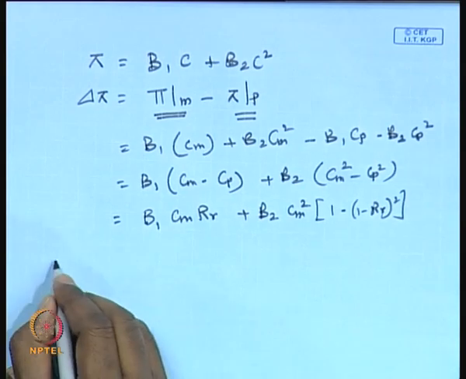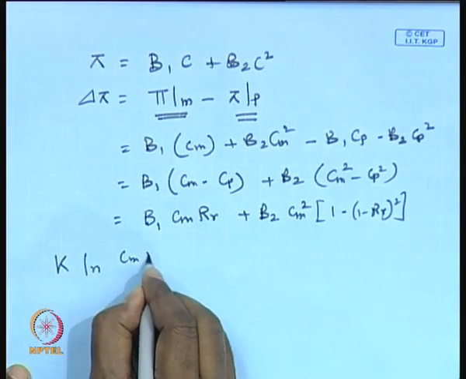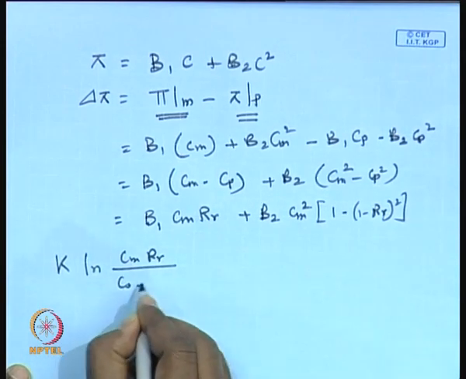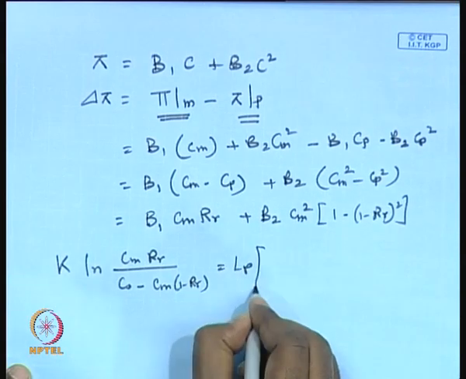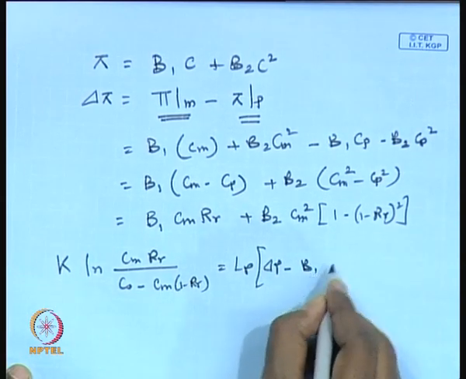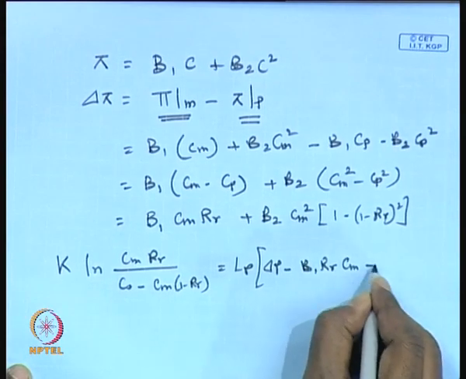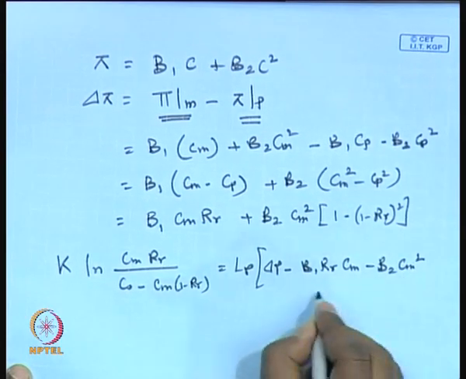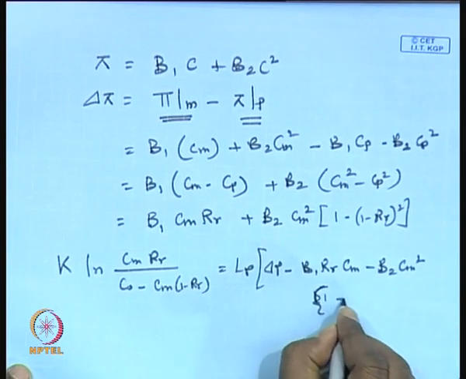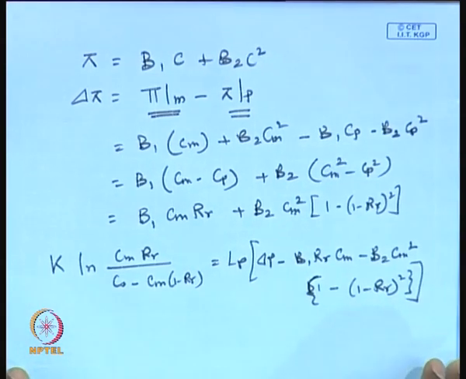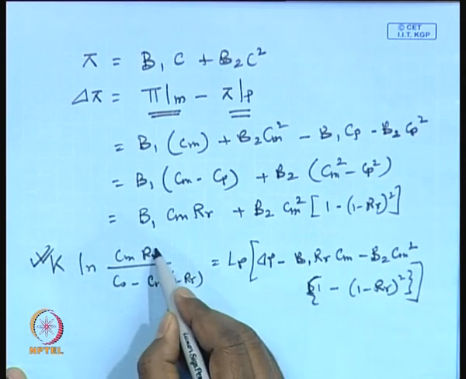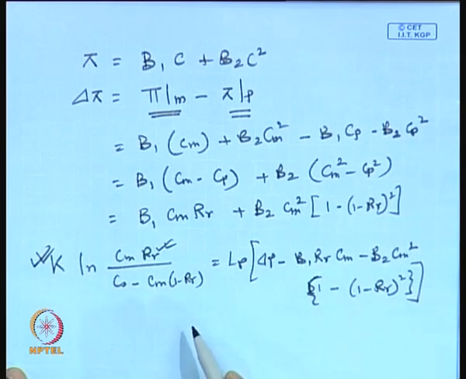So, this expression K ln Cm Rr divided by C naught minus Cm 1 minus Rr is equal to Lp del P minus B1 Rr Cm minus B2 Cm square 1 minus 1 minus Rr square. Now, in this equation we have already estimated the value of K, that will be in the order of 10 to the minus 7 meter per second, that we have already done. Real retention we have already estimated, that is the value of 0.92.